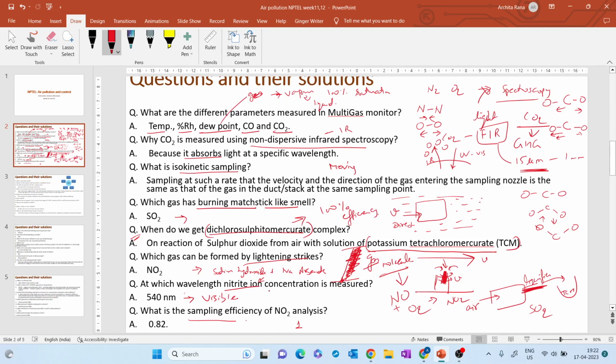But in NO2 they have used a sampling efficiency of 0.82, which means this method is only 82% efficient.